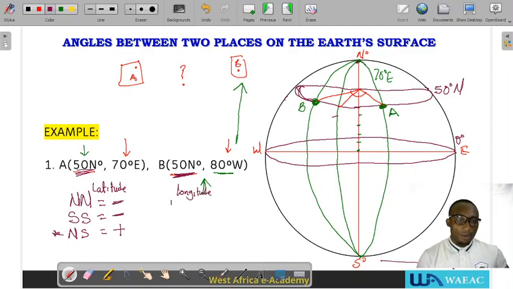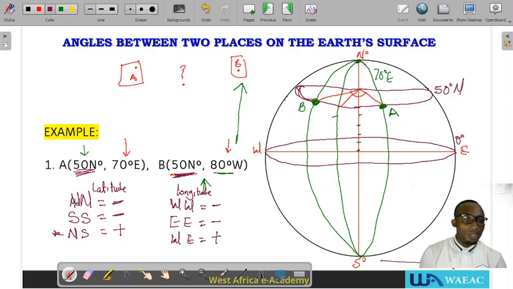If we have west west, we are going to subtract. If we have east east, we are going to subtract. But if we have west east, we are going to add. Do you know why? Because of the direction.